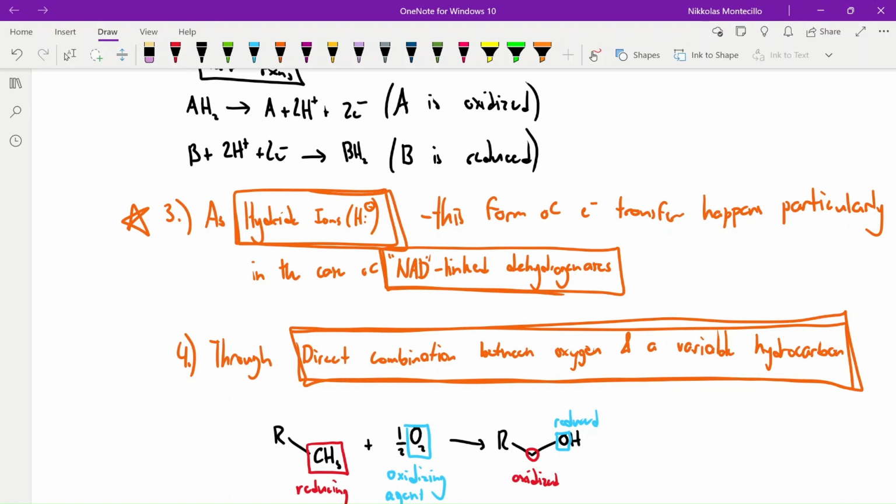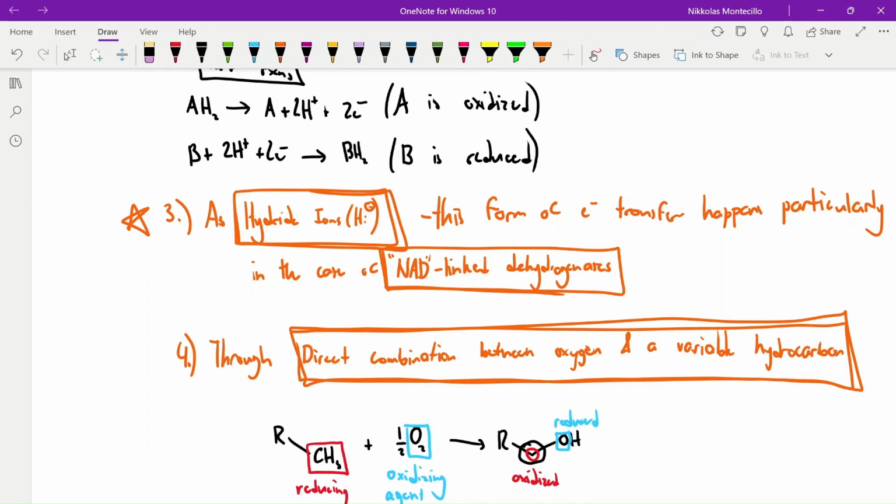And then we see that once the 2 molecules participate in reaction, this portion of the hydrocarbon here is actually oxidized, right?